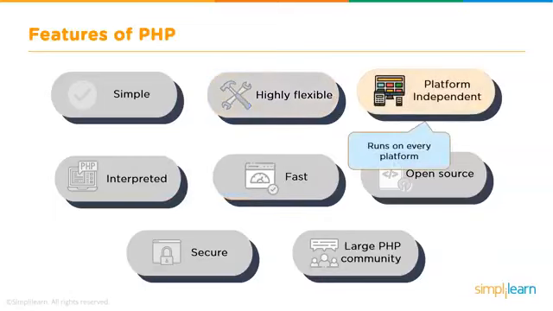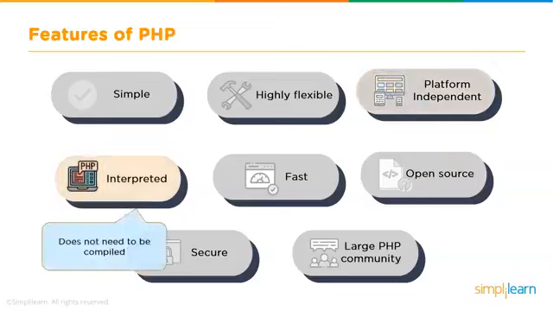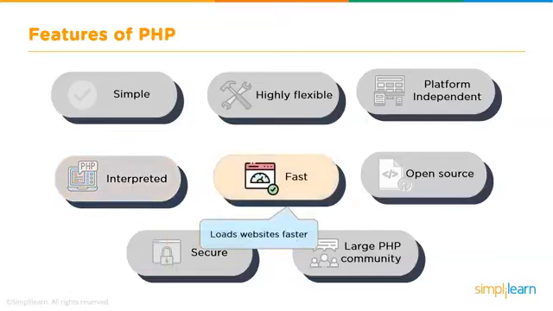It is also platform independent, which means it does not require any special plugins to run and can basically run on any environment. Next is interpreted. PHP is an interpreted language and does not compile the entire code, hence taking less time. Which takes us to our next feature, that is fast. Websites developed in PHP are faster.